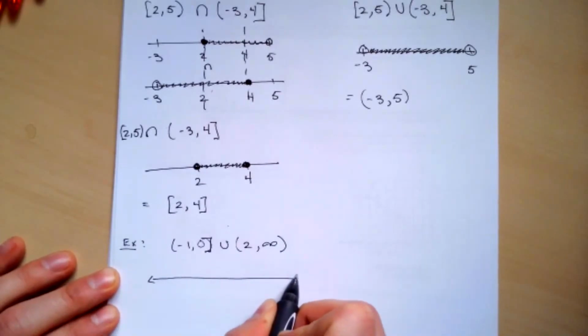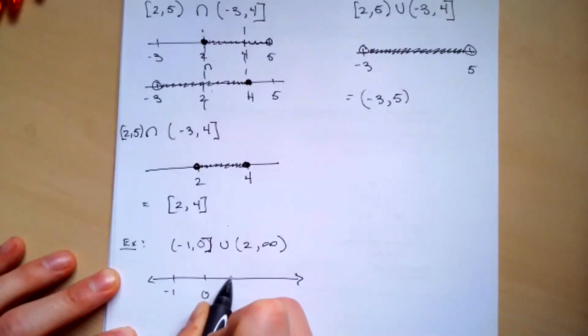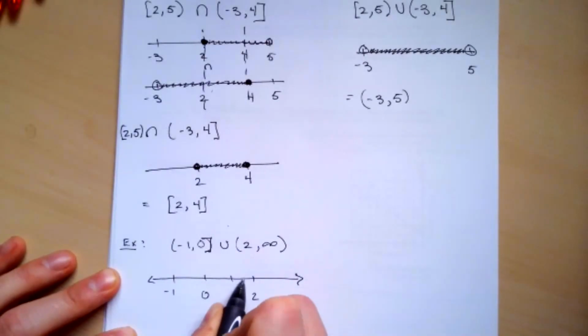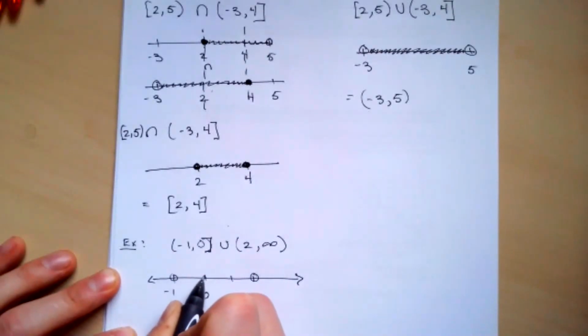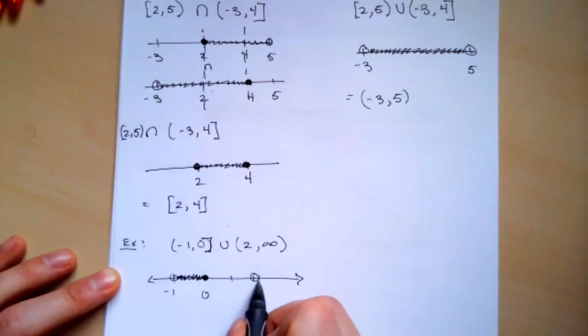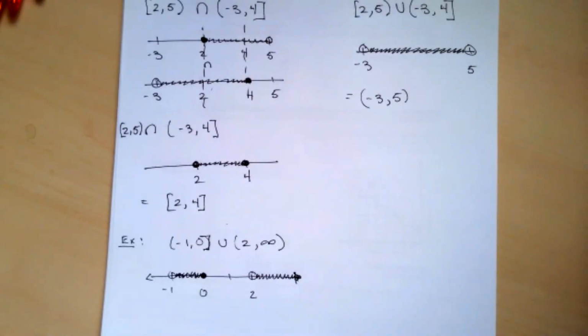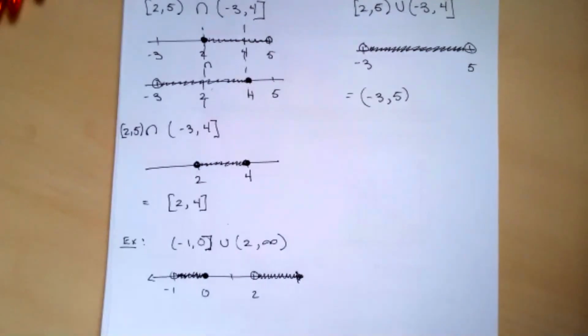This is going to be the set represented by this guy. So minus 1 to 0, and then 2 to infinity. So we shade in minus 1 to 0, including 0 but not 1, and then 2 to infinity. Like that. And so we can't reduce it in terms of a simpler set description. Any questions on those guys?